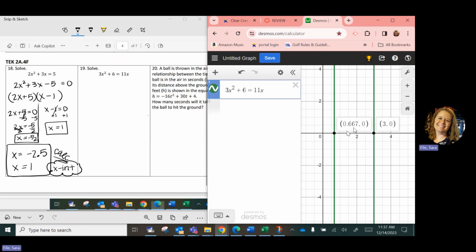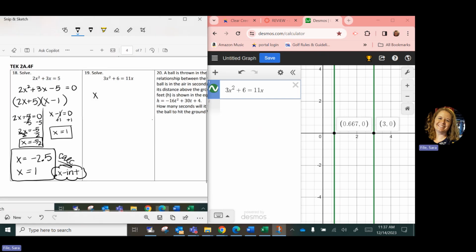But if there are answer choices that are fractions, couldn't you just type the fractions in and see which one matches this decimal? Yes, that's what I would do. So my solutions here from the calculator are simply 3 and 0.6 repeating.